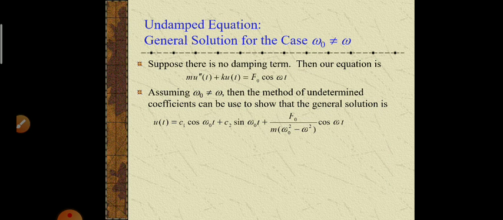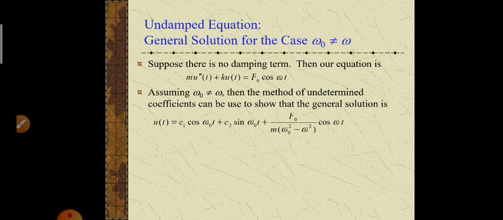So our equation becomes m u double dash t plus k u t is equal to F0 cos omega t. Assuming omega 0 is not equal to omega, right? Why? Because if omega 0 is equal to omega, then it's a resonance position, so we can't find the general solution for omega 0 equal to omega. So it is a general differential equation for the vibration system.